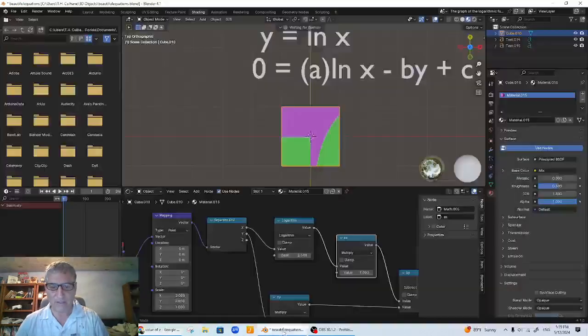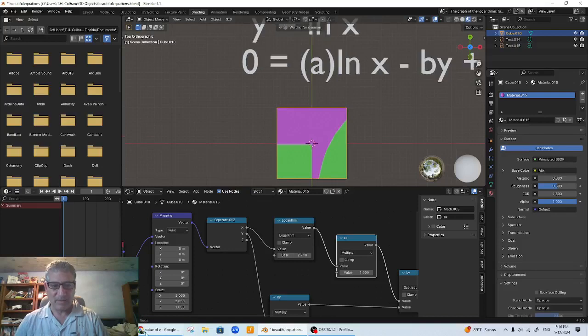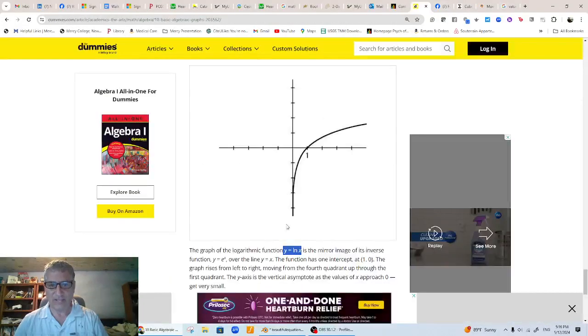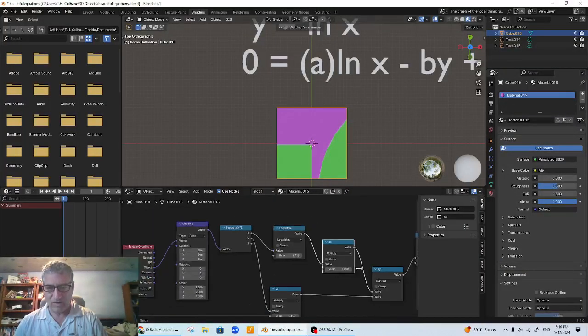If I'm not mistaken, then if I put the base at 2.7, yeah, that I think is the natural log. So that would explain why this should look like this. It's just, it's like weird in terms of where it's located.